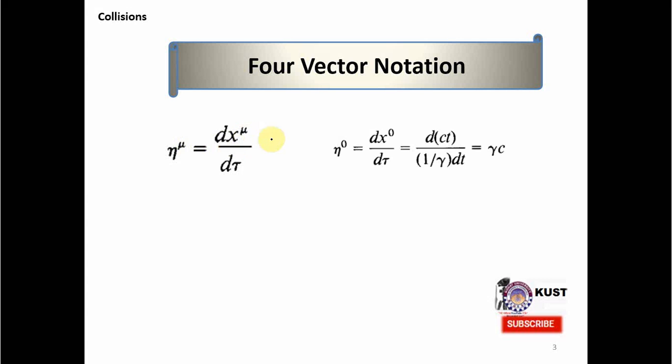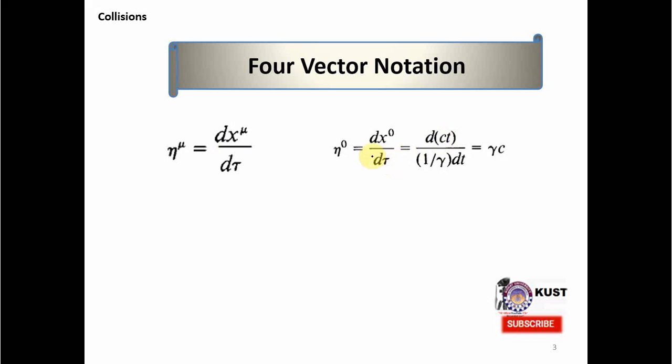And if we plug in these values, you can see that for the time component, when mu is 0, this is eta 0, which is dx 0 by d tau. But x0, as we developed in the previous lecture, is the time component and it is equal to ct, where c is the speed of light and t is the normal time, or the time measured in another frame of reference.